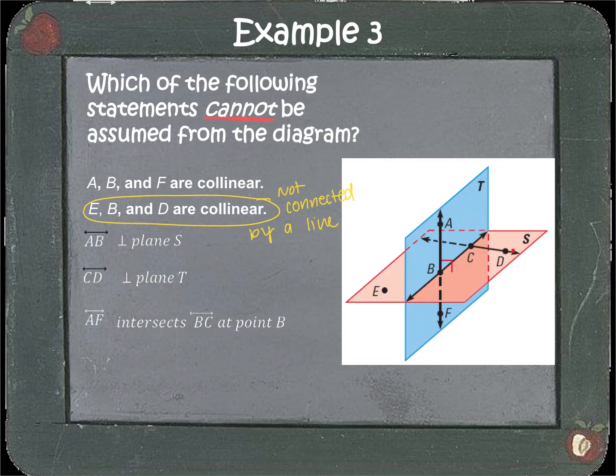Line CD is perpendicular to plane T. So looking at CD, I can't assume that it's perpendicular. Why can I not assume it's perpendicular? Because there is no right angle. There is no right angle mark.